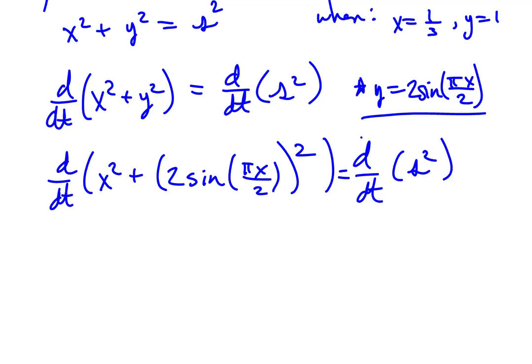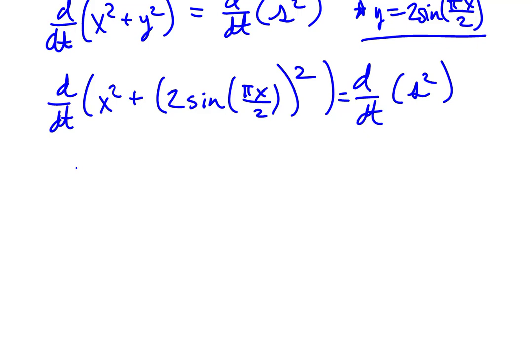Again, we're now assuming that s and x, which are the only variables present in what we have, are both implicit functions of t. If we go through each term and apply our implicit differentiation, assuming that x and s are both functions of t, then we'll start here with the x squared.